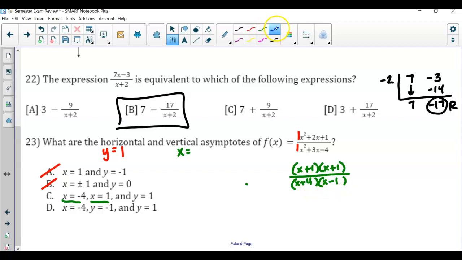Now notice there were no common factors, and we always get the vertical asymptote from the denominator. And again, remember that this is setting it equal to 0. That's why we're changing the sign. So we have x plus 4, which is x is equal to negative 4, and x minus 1, which is x is equal to positive 1. So yes, the answer was C.